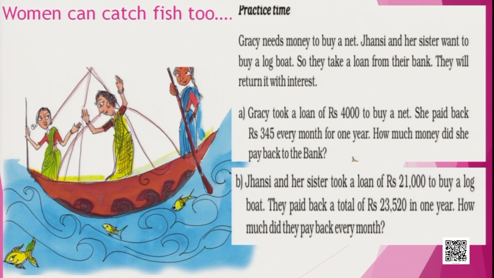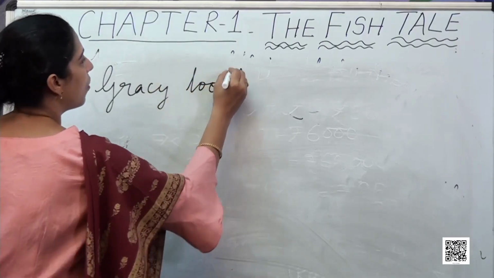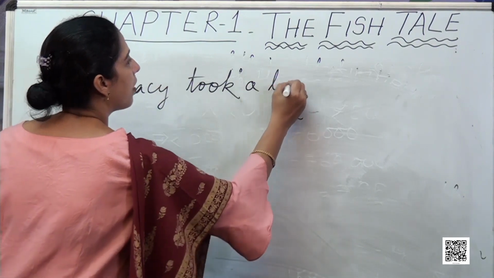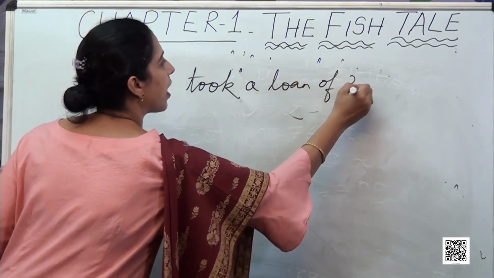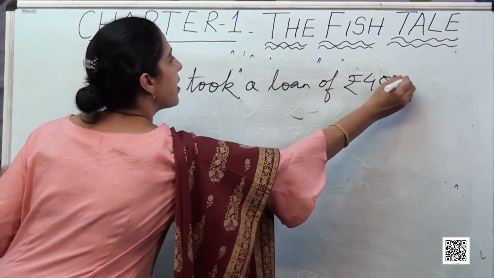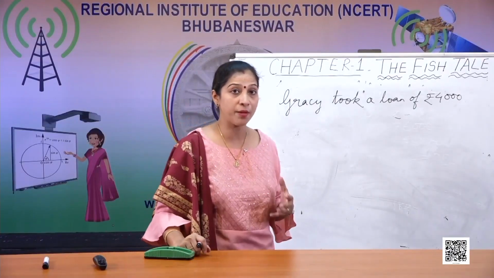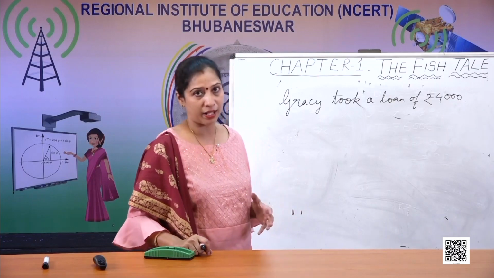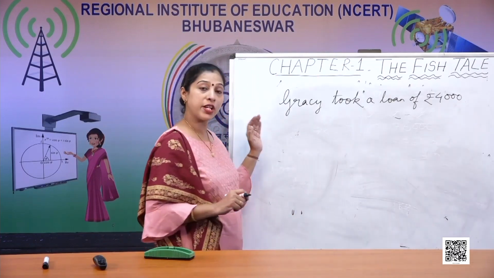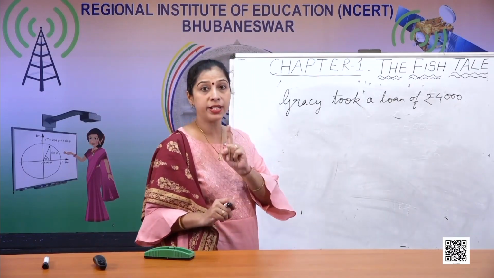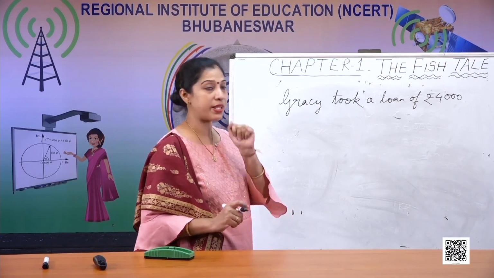Gracie took a loan of rupees 4,000. Now she has to pay back that money. Whenever we are borrowing something from someone, we have to give it back. So she gave it back for 1 year, 345 rupees every month.